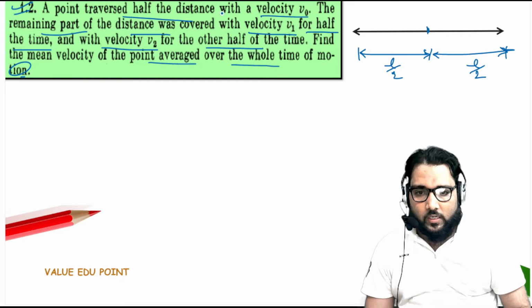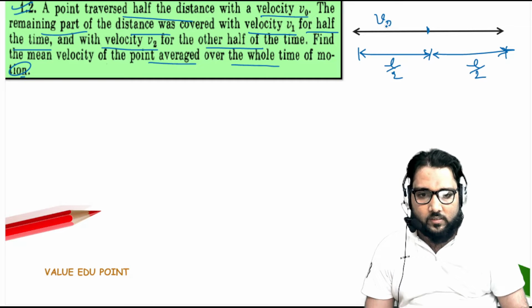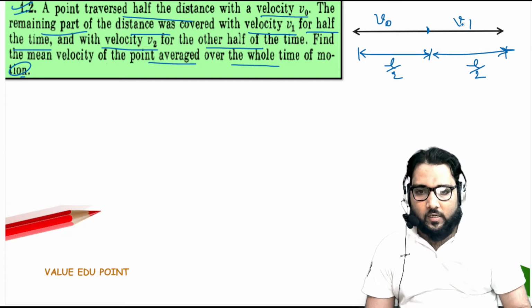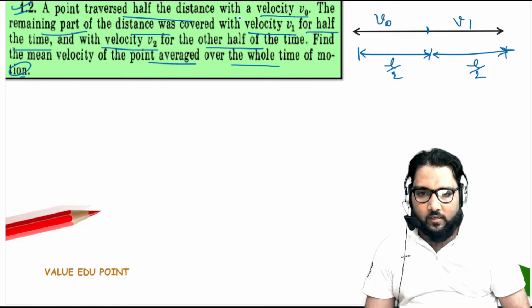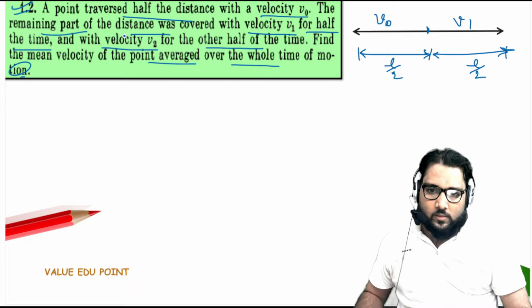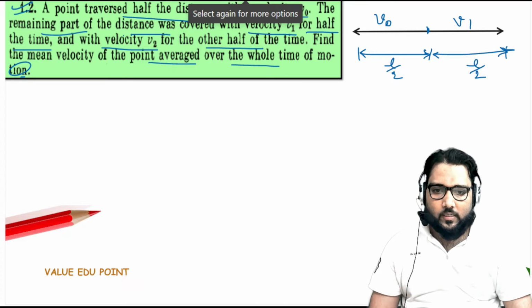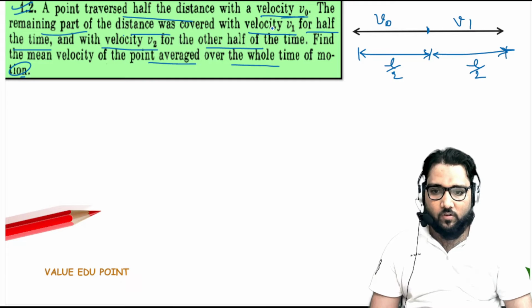So now half the distance with the velocity v, and the other remaining part with the velocity v1. A point traversed half the distance with a velocity v₀, and the remaining part of the distance was covered with the velocity v1 for half the time. Now guys, look at this. The question is saying the point traversed half the distance with the velocity v₀, and the remaining part of the distance was covered with velocity v1 for half the time.